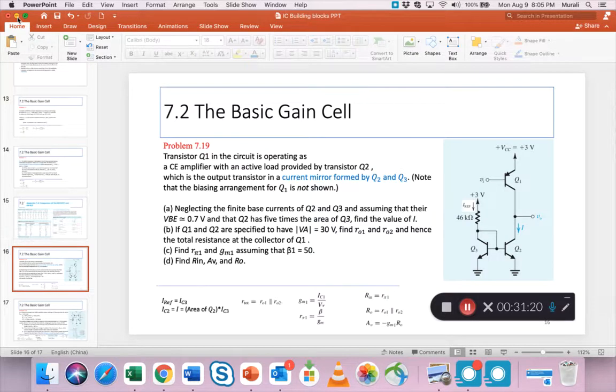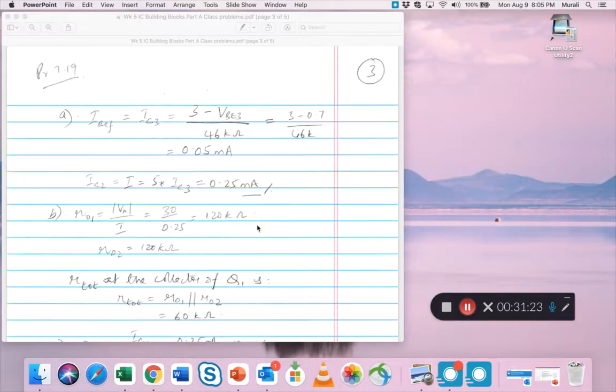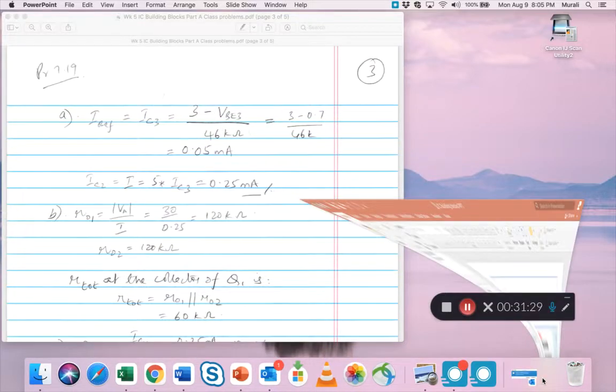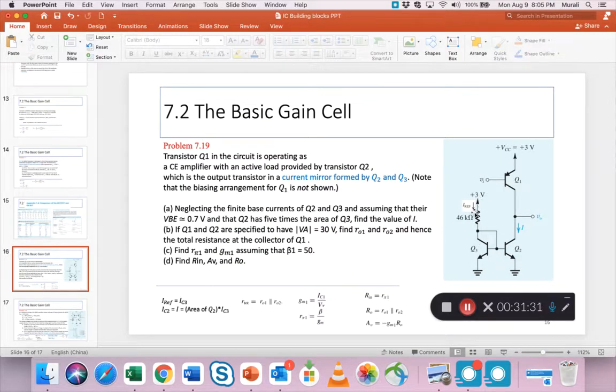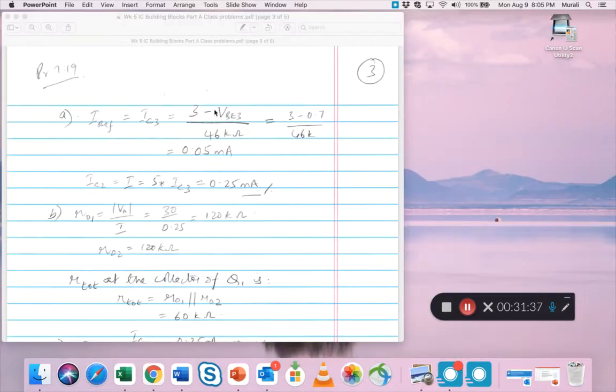All right. So let's look at 7.90. I reference is IC3, which you can find from the collector circuit, right? VCC minus the VBE3, which is just the diode voltage 0.7, divided by the resistance in the collector circuit, gives you the I reference.